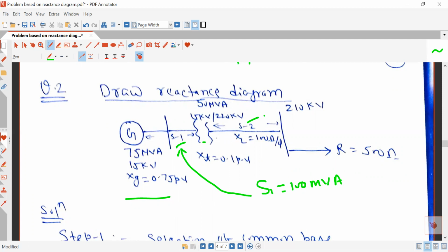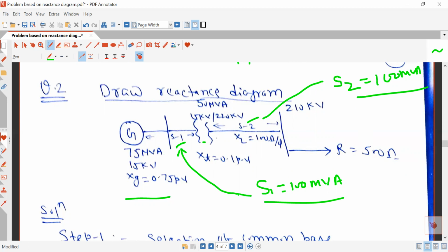If the base value of section 1 is 100 MVA, then the base value for section 2 will also be 100 MVA, because a transformer will not change the MVA value. A transformer will change only the base kilovolt. So for both sections, the MVA base will be this. This is the common base for the entire power system, and the common base is 100 MVA.